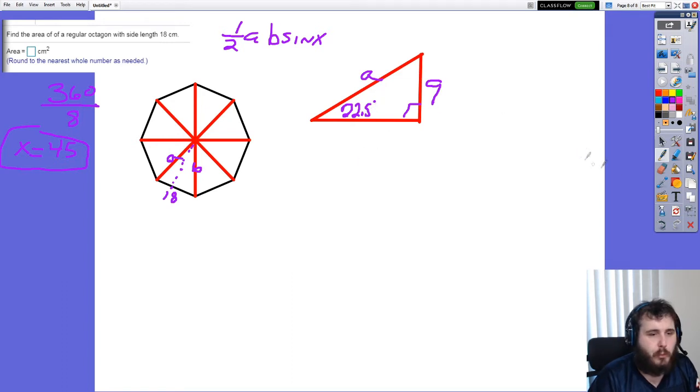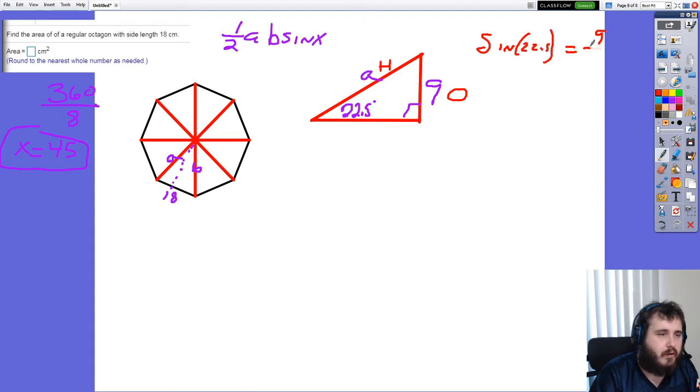And so now we're going to look. We've got the opposite, we've got the hypotenuse, so we are going to use sine. Sine of 22.5 equals 9 over A. Then we make our proportion, cross multiply and divide.